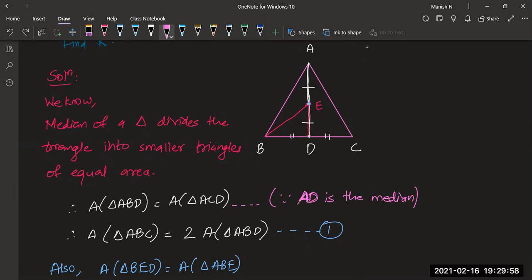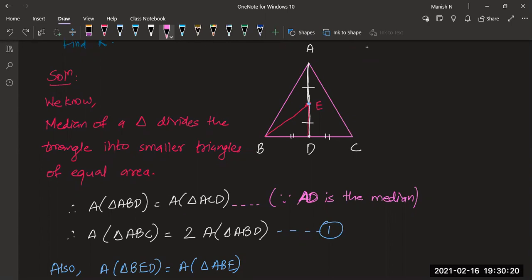Similarly, you can also say that area of triangle ABC is twice area of triangle ABD, because they are of equal area, right? So let's name this as equation 1.